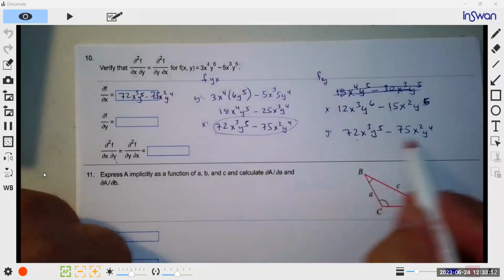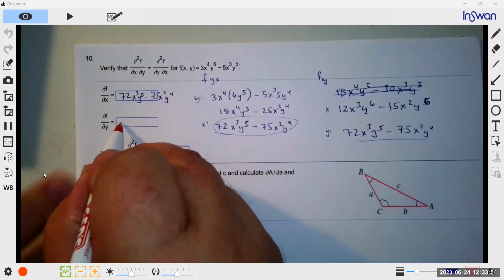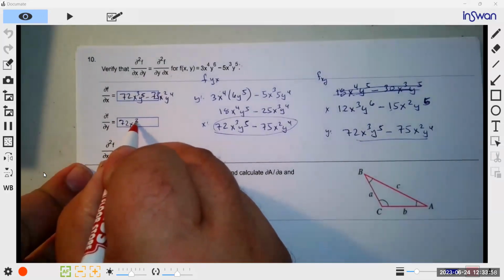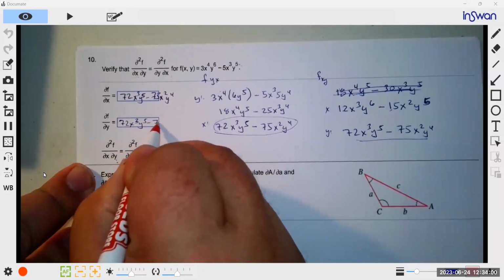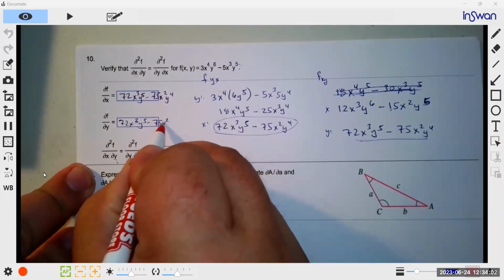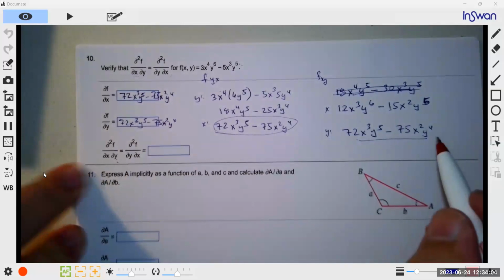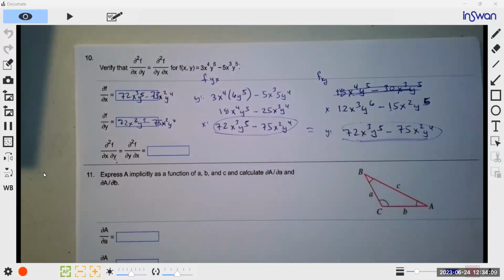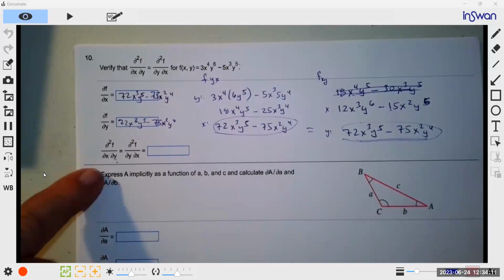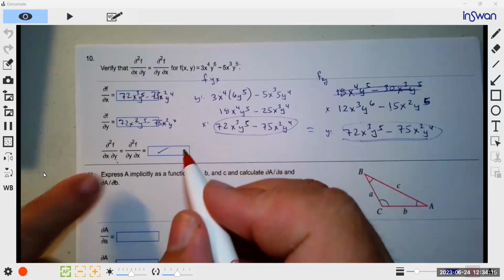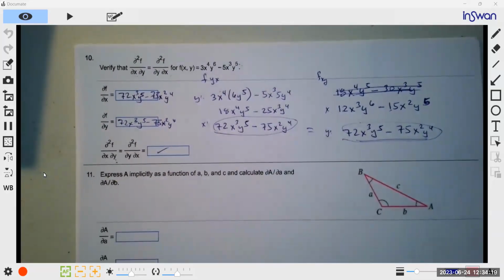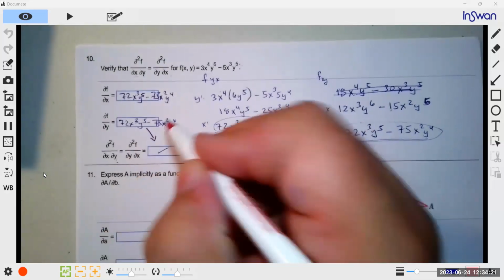And sure enough, you see they're exactly the same: 72x cubed y fifth minus 75x squared y fourth.